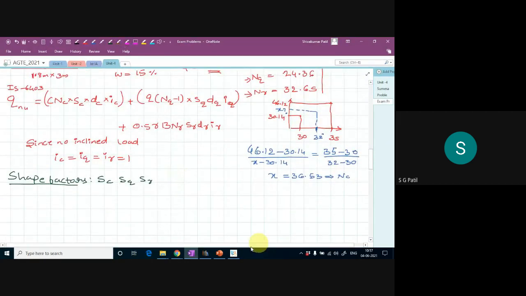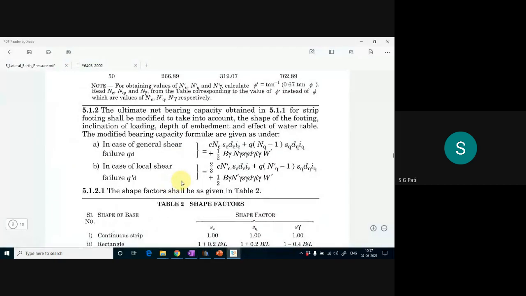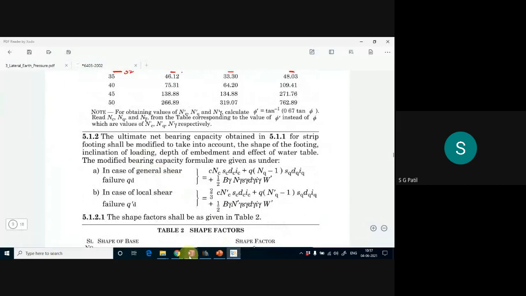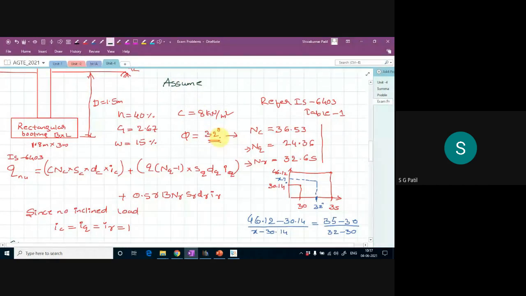So if you remember, if you see the formula here. And one more thing, I should put a note here. Assume general shear failure case. See, phi is greater than 30 degree, I can assume it as a general shear case.